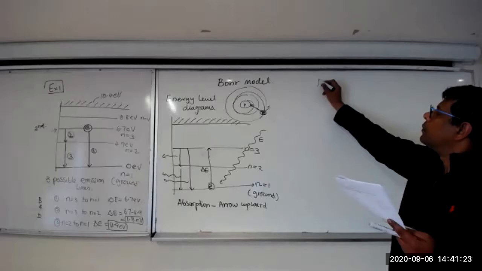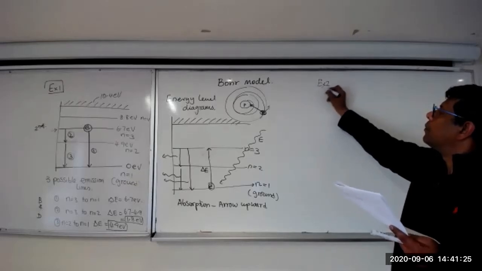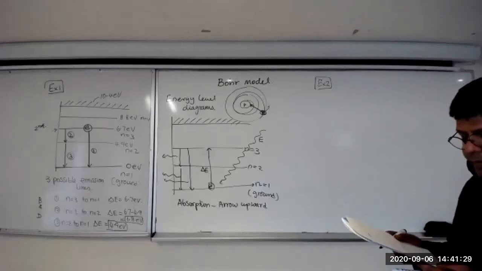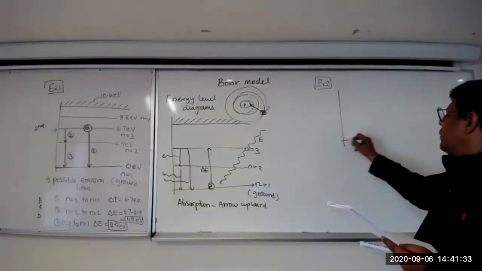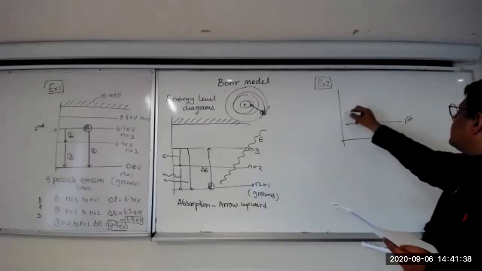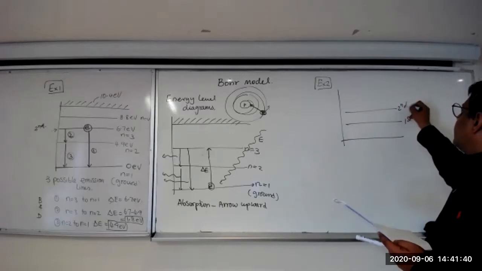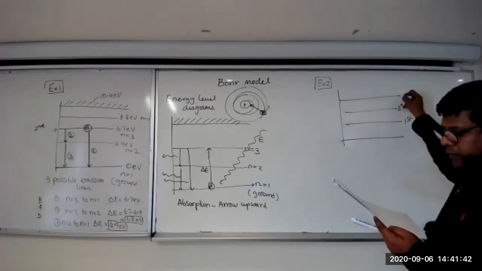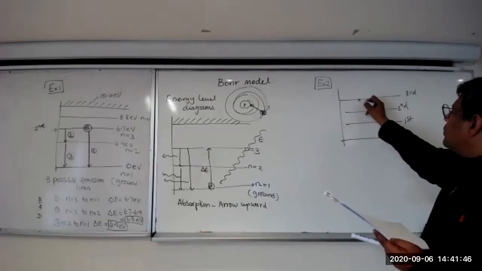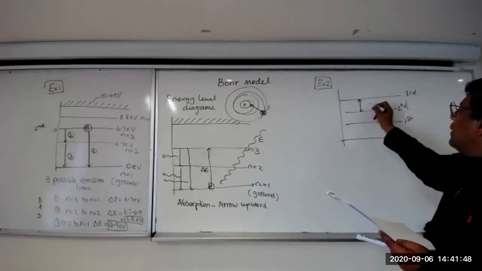Example 2. The mercury atom is initially at the second excited state, and then goes from second to third. So this is the ground, first, second, going from second to third. Look at the energy difference between these two. Absorption means it's going upward.